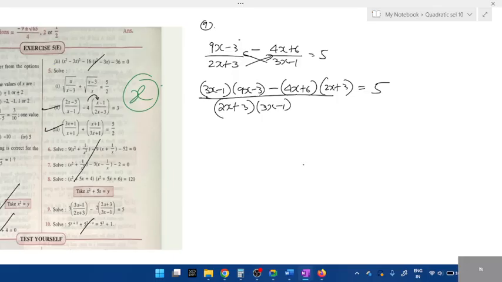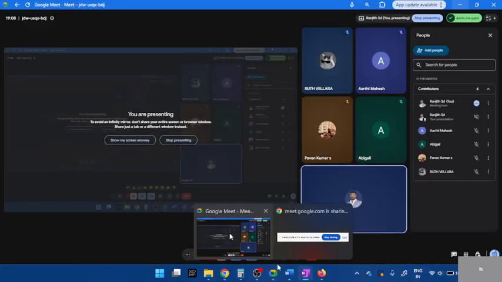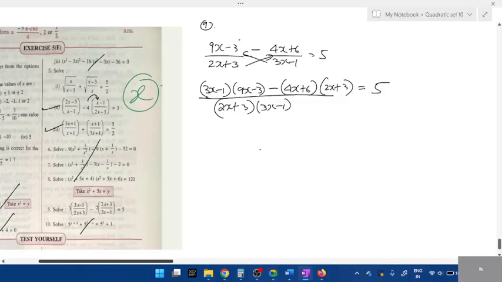You send it to me, I'll check. Tomorrow I'll solve this. Okay, let me complete. Another 2 minutes. After that, I'll discuss this.